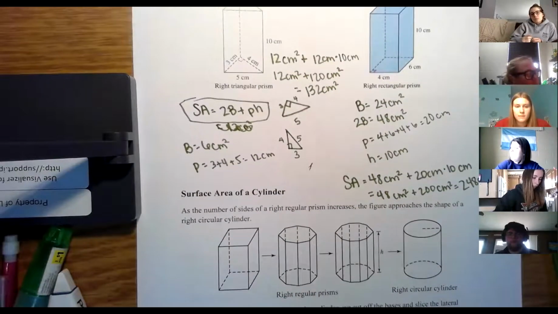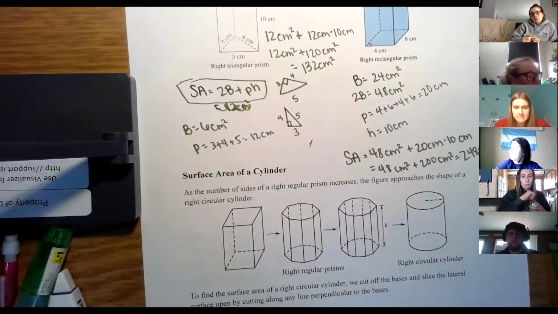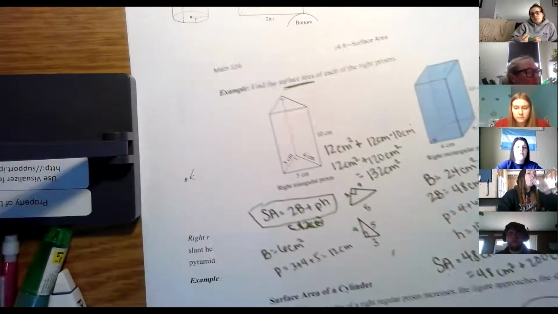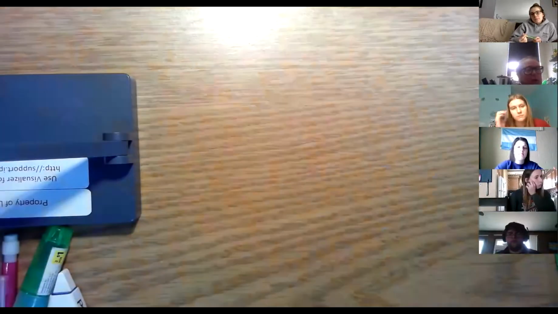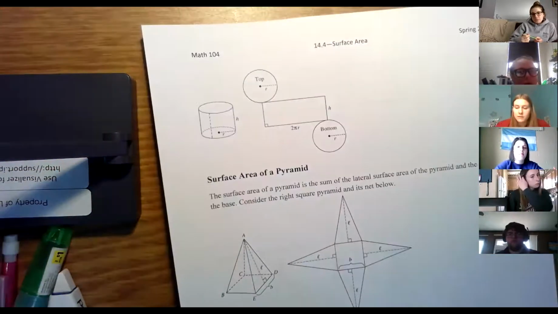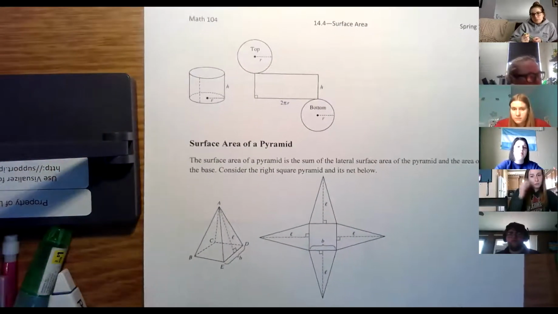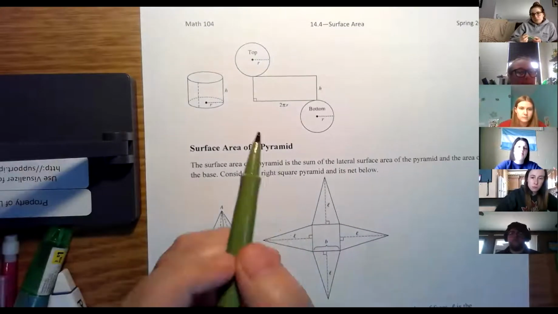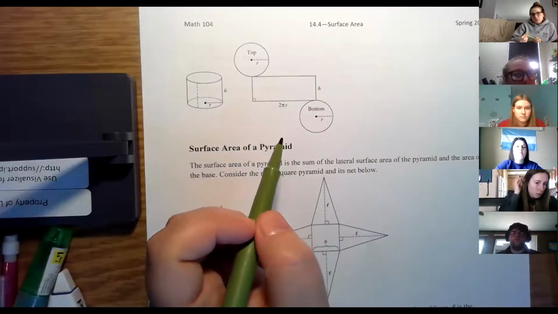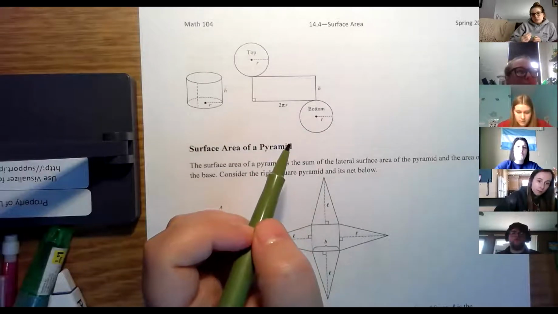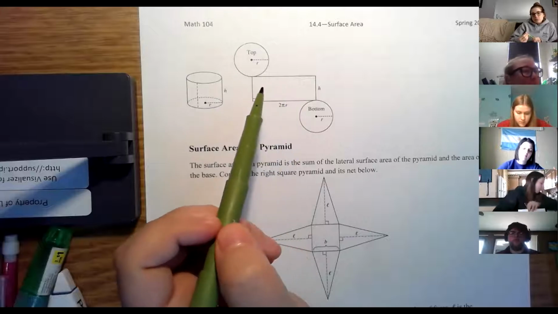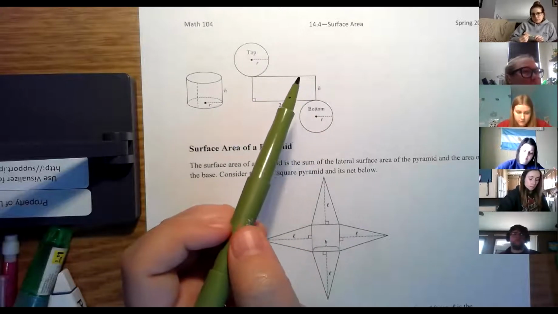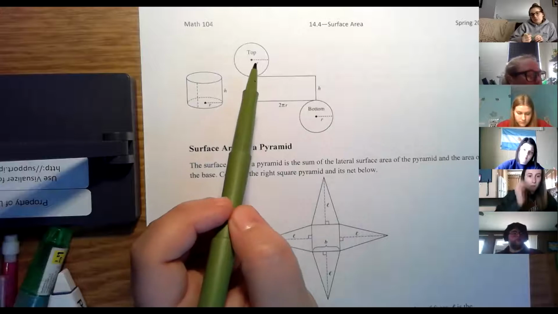All right, so if we want to find the surface area of this thing, we can technically slice off the top and the bottom and roll it out where it looks like this. We pretty much already did these, because we talked about the nets when we were talking about 3D polygons or polyhedrons.